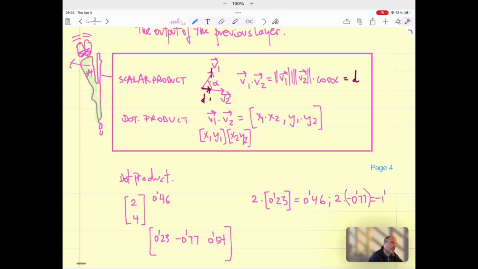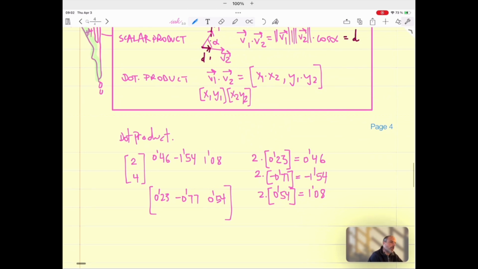I'll do it here. 2 times minus 0.77, which is minus 1.54. And 1.08, which is 2 times 0.54. And then 4 times 0.23, which is, what do we say, 0.92.